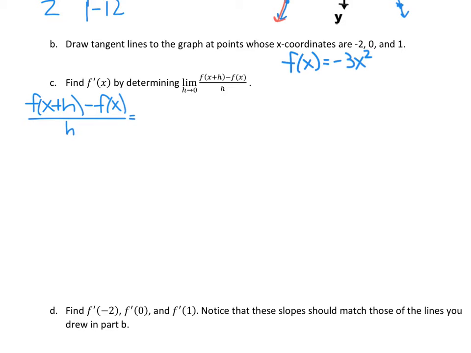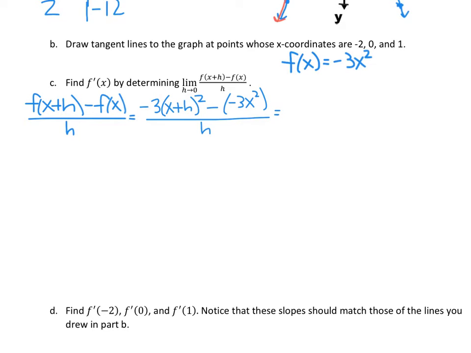So f of x plus h minus f of x is going to look like negative 3 times x plus h squared, that's f of x plus h, minus f of x, so minus a negative 3x squared. And then that's all being divided by h. So now we need to simplify this.